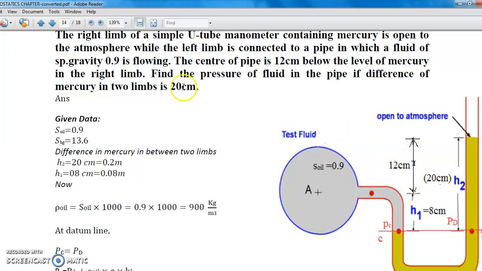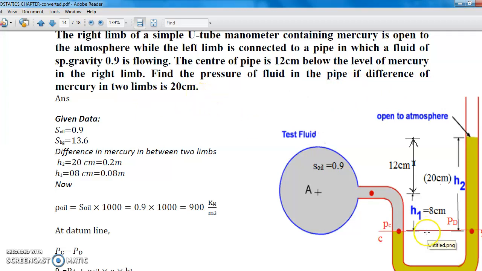Then find the pressure of the fluid in the pipe. Here you have to calculate the pressure of the pipe. And what another point is given? If the difference of the mercury in the two limbs is 20 centimeter.